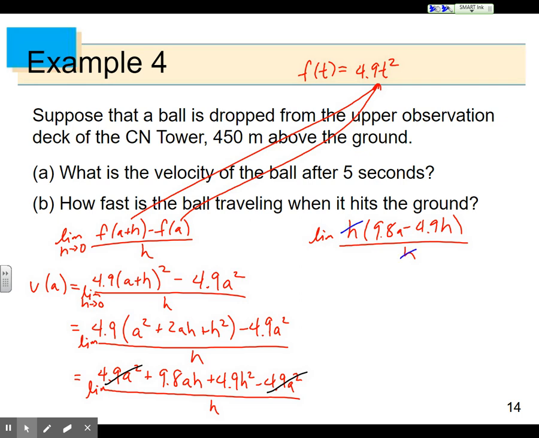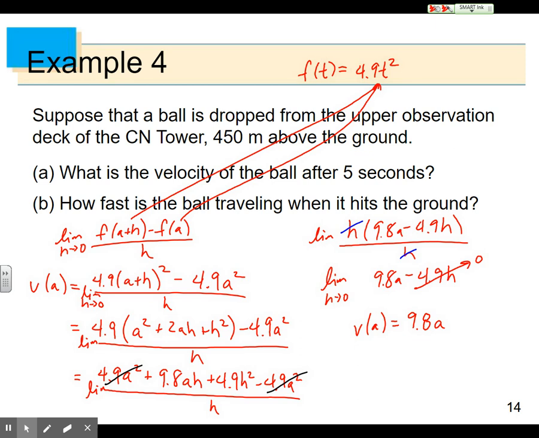So now my h is canceled, and I'm left with the limit as h approaches 0 of 9.8 plus 4.9h. If h is going to 0, that knocks out this whole term, because 0 times the 4.9 would just go to 0. And so I end up with my velocity at whatever seconds I want being just 9.8t.